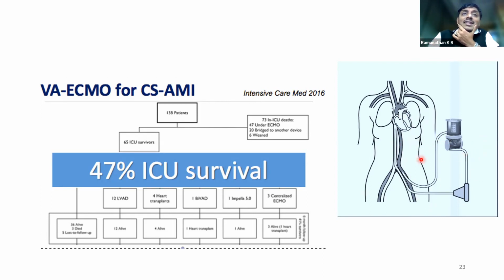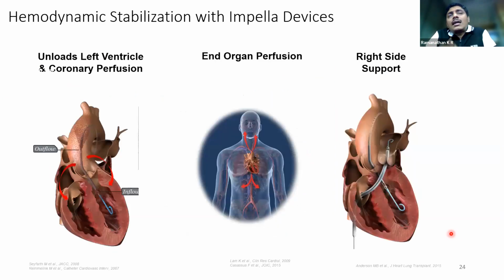Now, this is one of the best series from Paris, where they have shown that if you use VA ECMO for cardiogenic shock in a protocolized way, you can achieve as good as 45 to 50% ICU survival. Mind you, a lot of these patients not just survived ECMO, they were bridged on to LVADs or transplants at some point.